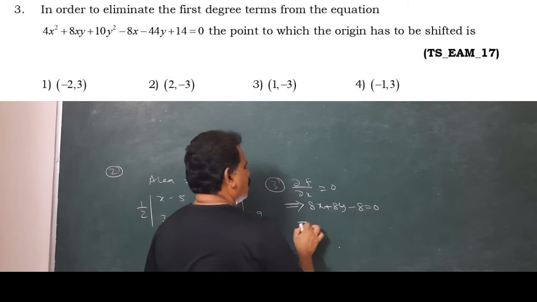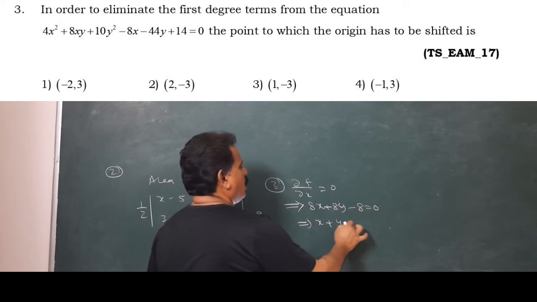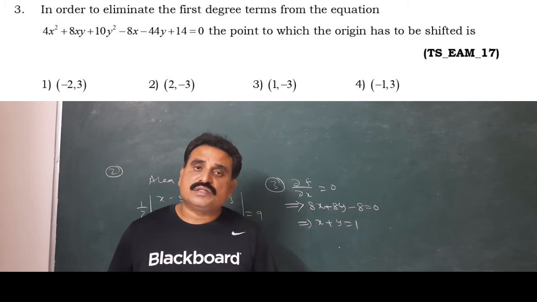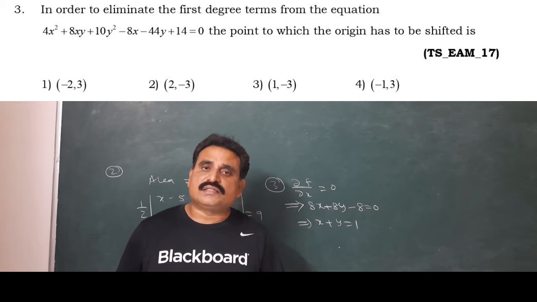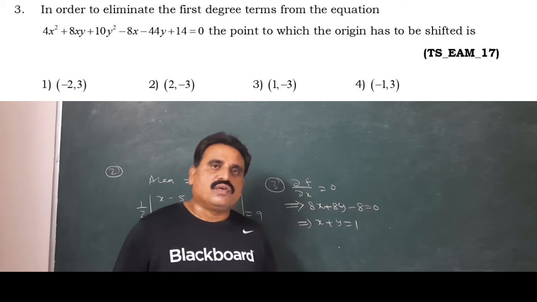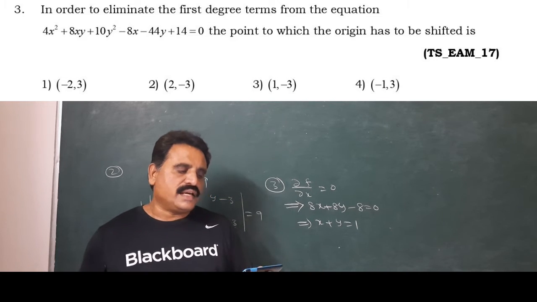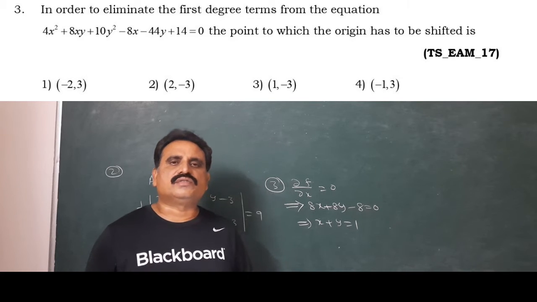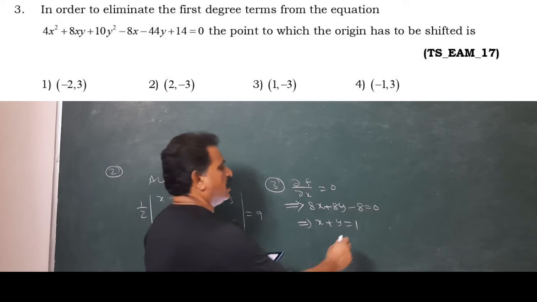That implies x plus y equal to 1. Now verify the options. Which options satisfy that the sum of the coordinates is 1. First option satisfies. Second does not satisfy. Third does not satisfy. Fourth does not satisfy. So first option is the right answer.